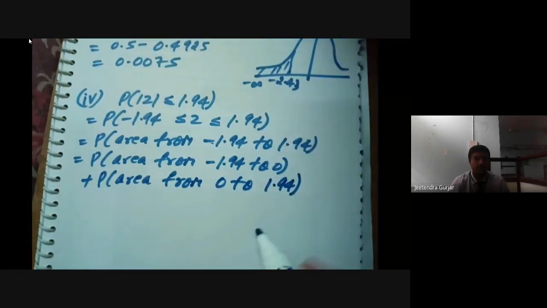Because from 0, on the left side it is minus 1.94 and on the right side it is plus 1.94. Both together you are going to add. Means you are going to take the area between minus 1.94 and plus 1.94, and in between I have taken 0. So I think this will be easily understood.